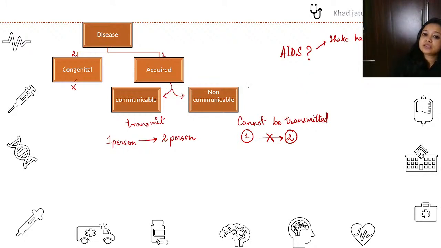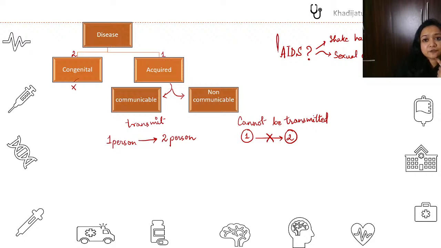So that means it is a non-communicable disease. But then if you have any sexual contact with a person who has AIDS, you will get AIDS. So it is a communicable disease.